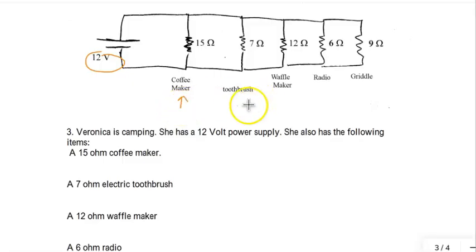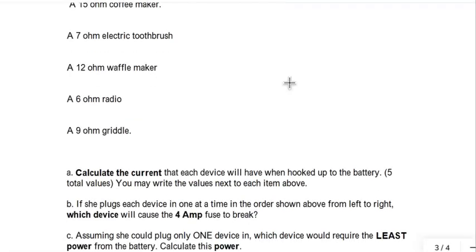She likes her coffee, she wants fresh breath, or to not get cavities, then she wants a waffle, and then she wants some music, and then maybe she wants some pancakes, or eggs with the griddle. Okay. So she's going to keep using stuff until the fuse blows. Okay. So calculate the current that each device will have when hooked up to the battery.